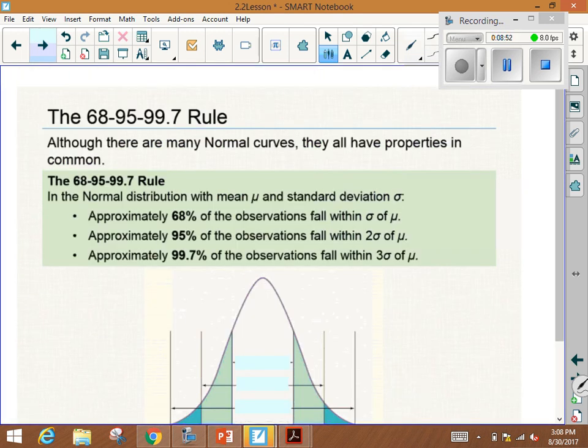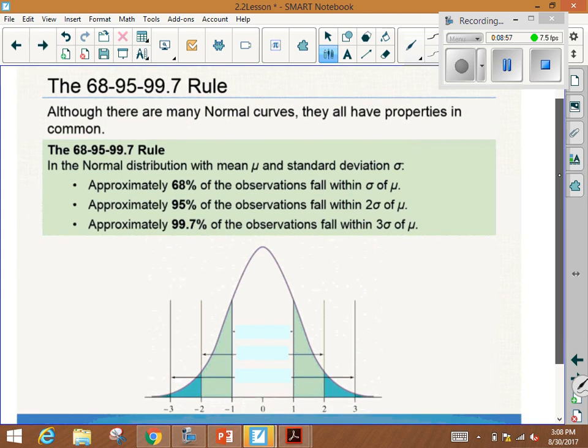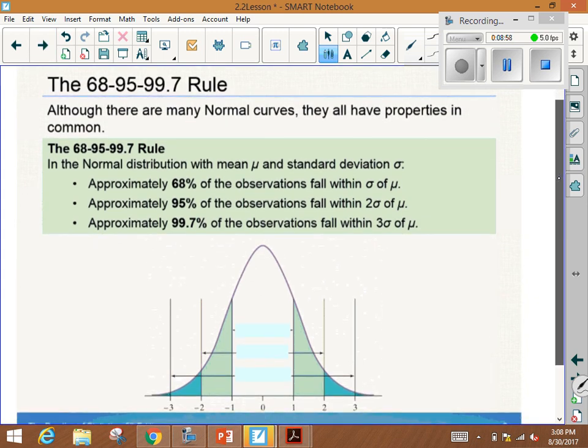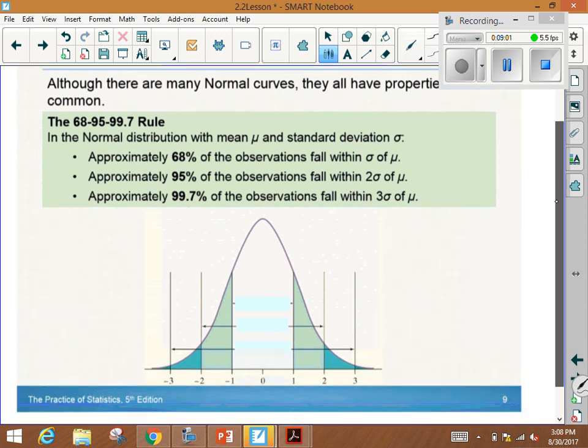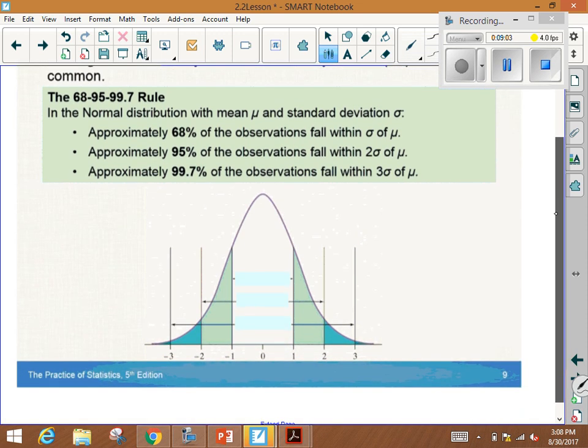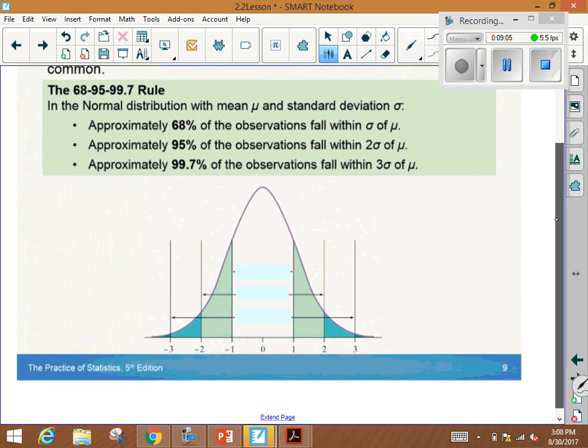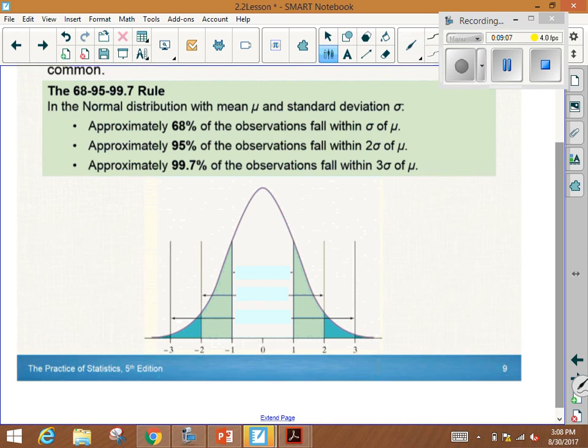Our 68, 95, 99.7 rule. Every normal curve has this in common. All right? So what's going on here? What it means is that 68% of the data is within one standard deviation of the mean.